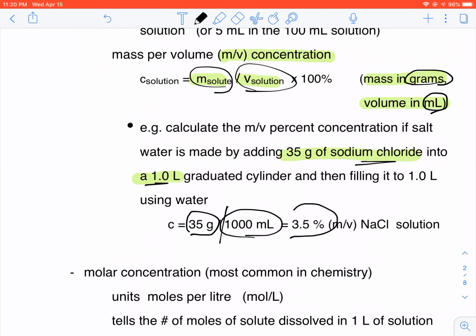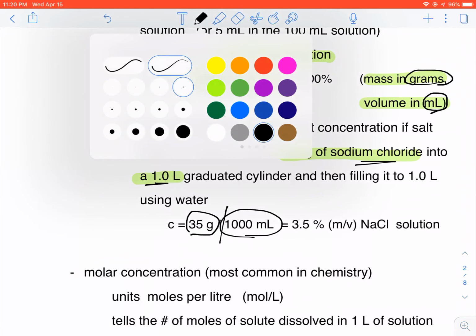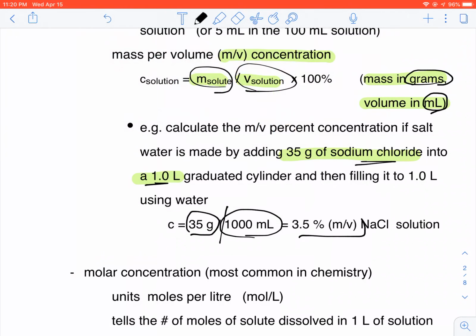That gives me a final concentration of 3.5%. Now notice that when we do this, we also report not just the percent itself, but also the fact that it's a mass per volume percent. 3.5 grams in 100 milliliters, or 35 grams in a liter.